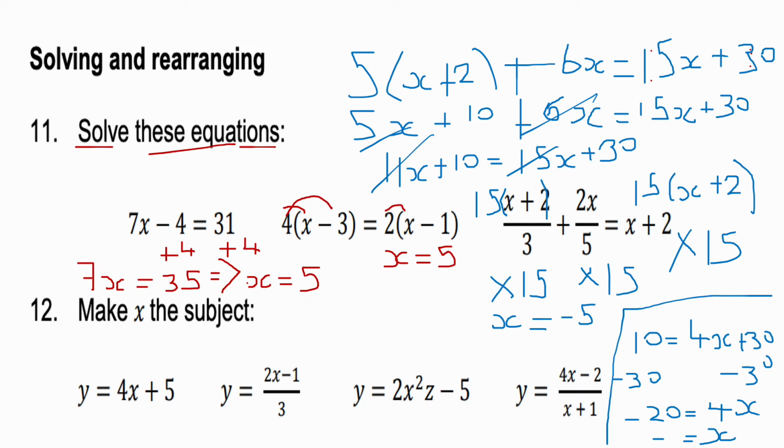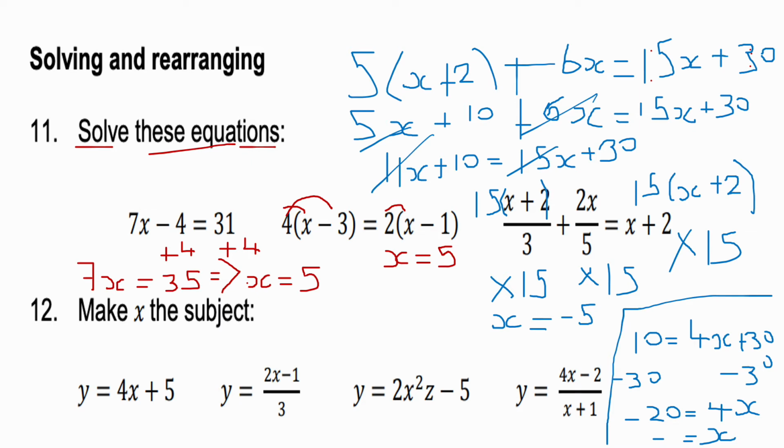So this is something that you would have seen in higher tier GCSE. It's looking at adding fractions involving algebra, algebraic fractions. Now, just to be clear, I got rid of the denominators here by multiplying everything by the lowest common denominator of 3 and 5.